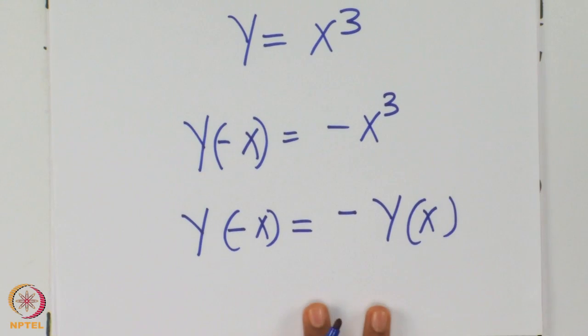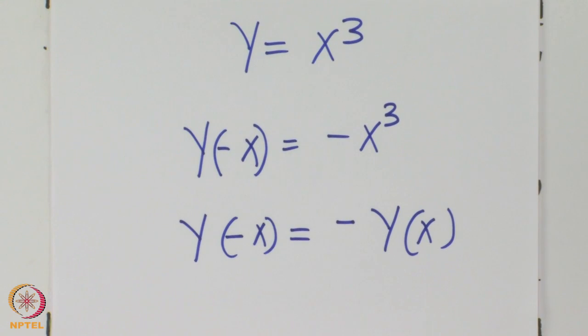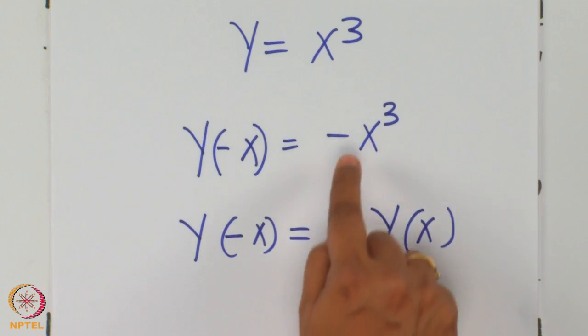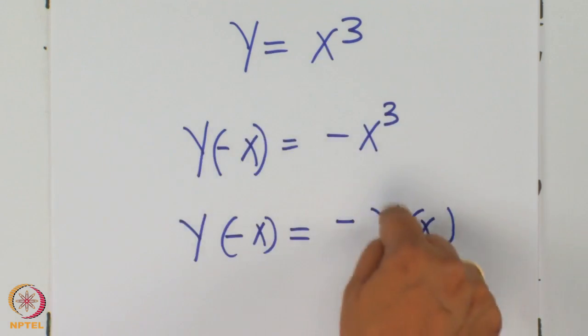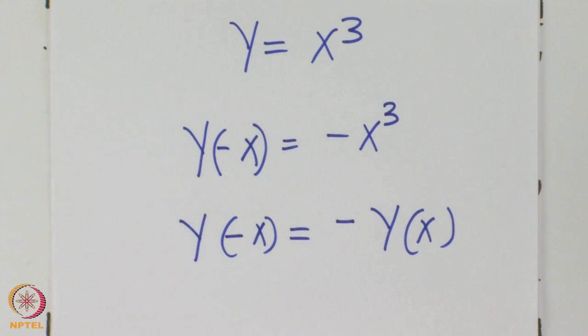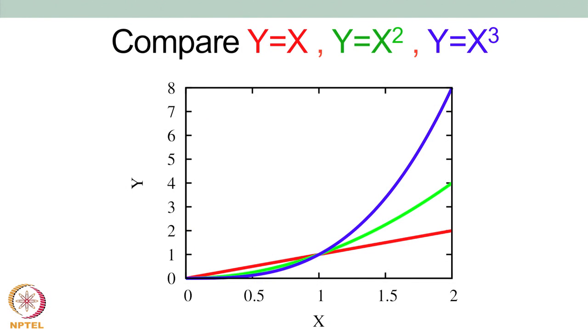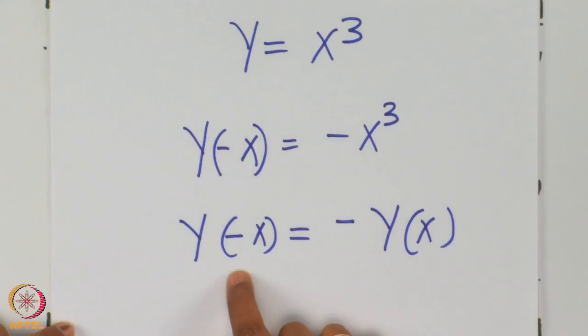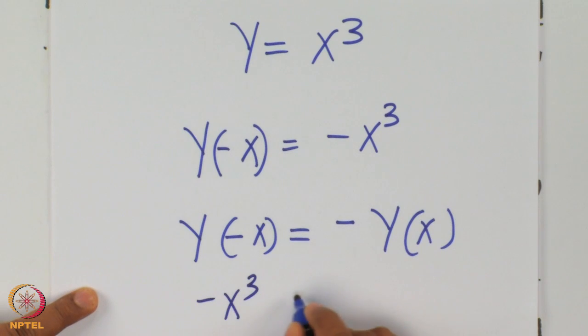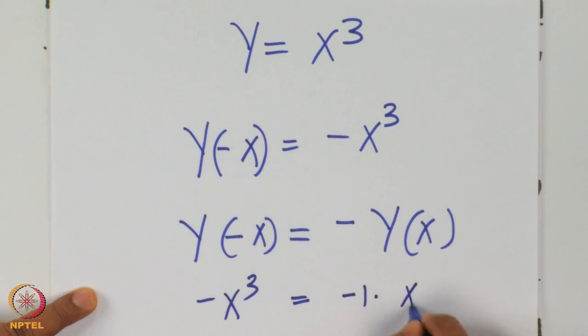I want you to think about it and get used to this kind of language. What I am trying to say is that minus x cubed is nothing but a minus sign, minus 1 times x cubed. Think about it. Only by thinking about it will you learn this. Familiarize yourself with this kind of language, that y of minus x is minus y of x, which means that minus x cubed, which is y of minus x, is minus 1 times x cubed.